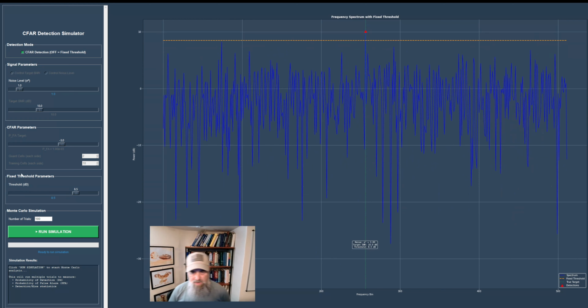All right, so now we gain the advantage of knowing in advance what the noise spectrum or noise energy variance looks like, and we can set the threshold a few dBs above it, and we can detect this target.